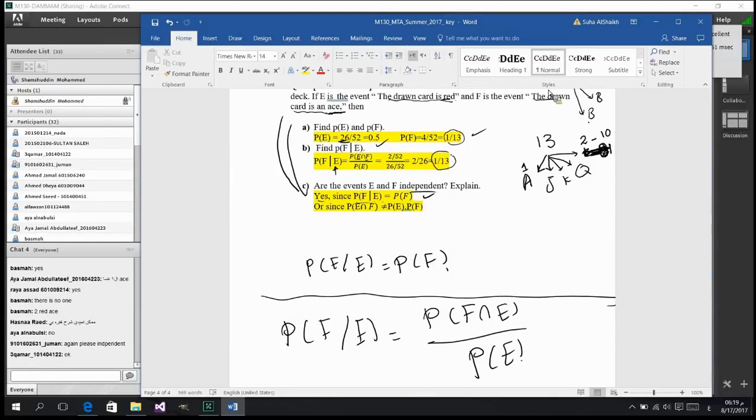If E is red and ace, that is 2 red aces, and the probability of E is the probability of red, where I have 26 red, so it is 2 over 26.